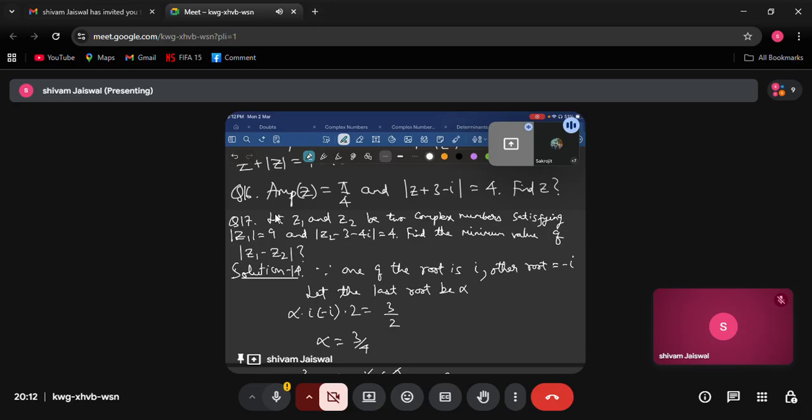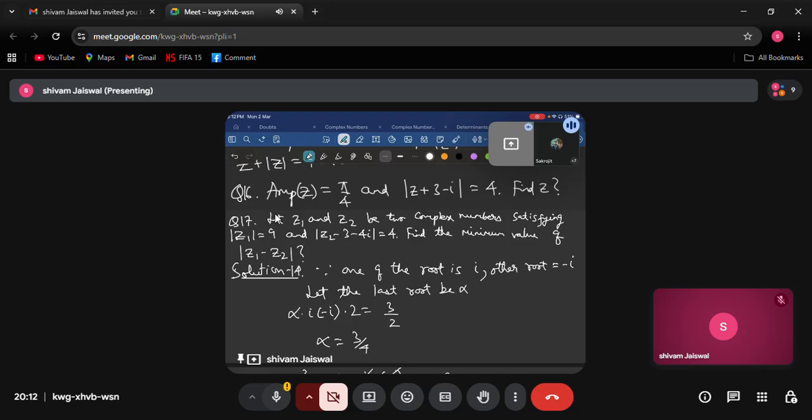Even though your answer is correct, I'm not saying that the answer is not correct. Answer is correct, but the diagram is not correct. Sir, if my diagram is not correct, that means my idea was also wrong. You explain it once everyone is done with this problem. Okay.